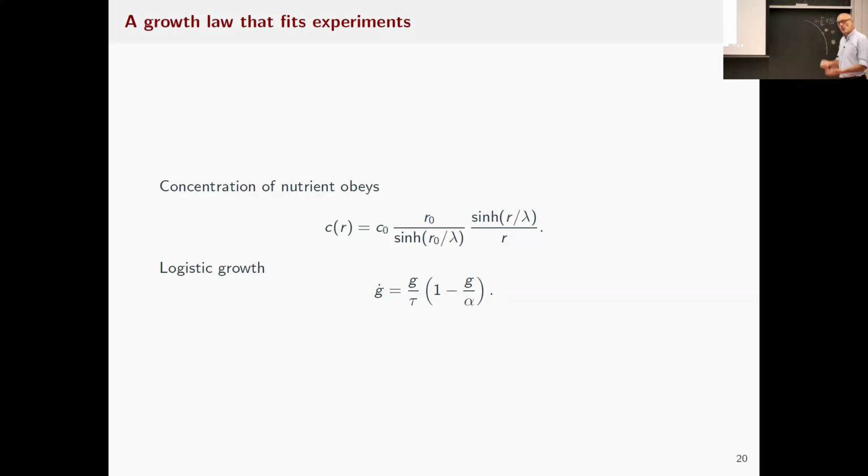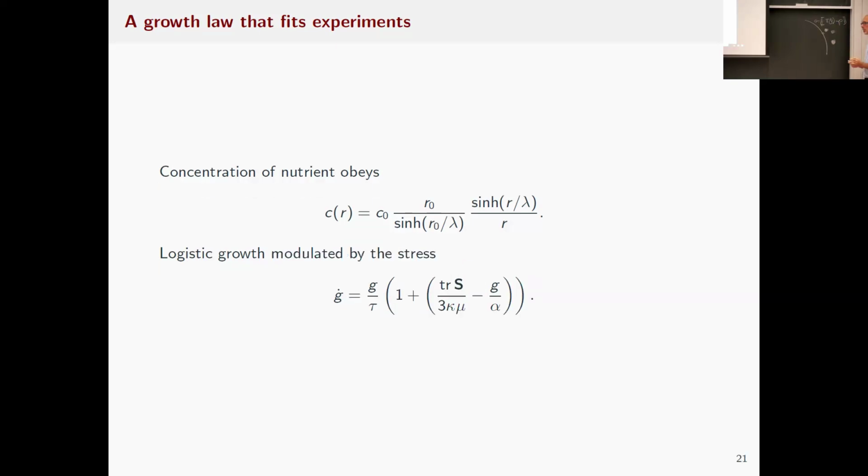This is too poor because we have seen that we have a dependence on the stress, and we have a stress that does depend on the radial position. So we have refined it a little bit. Now, in this equation, there is an equilibrium which depends on the stress, which is written here in trace of S, which is a measure of the stress itself. Okay.